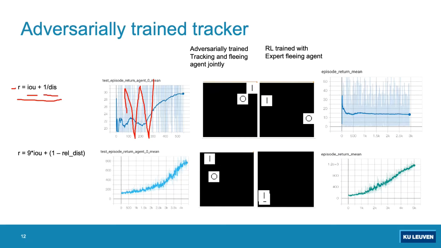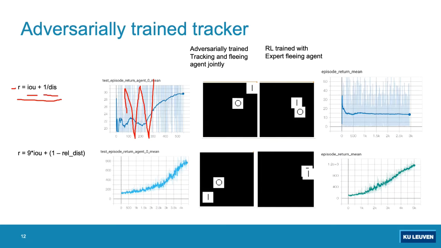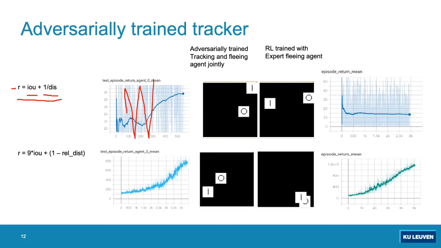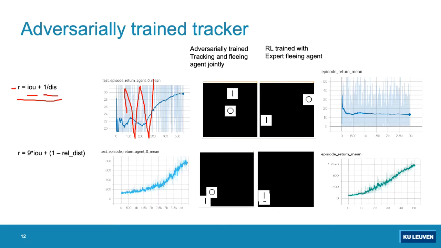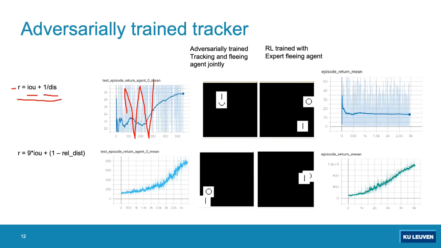But then by scaling the IOU reward and by using a linear reward rather than an exponential reward, we saw that both the adversarial and the classic reinforcement learning agent did very well.